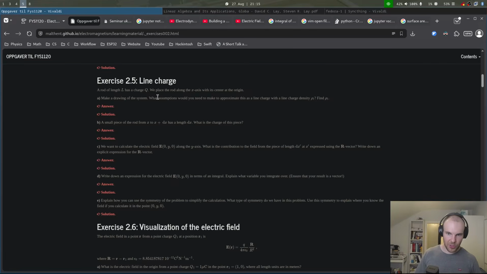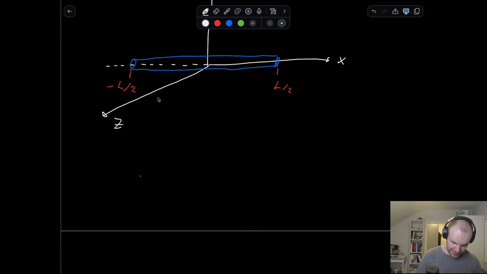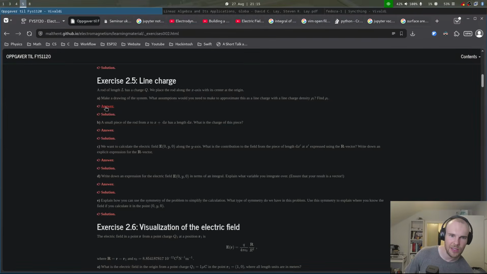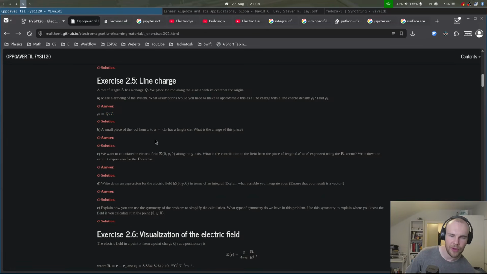Okay, so now we should find the density. The density of the length, you can just say, is the total charge Q divided by L. Nothing more fancy than that. Okay, so just Q over L.